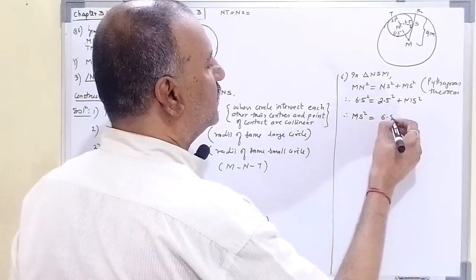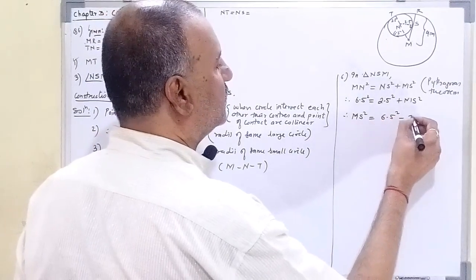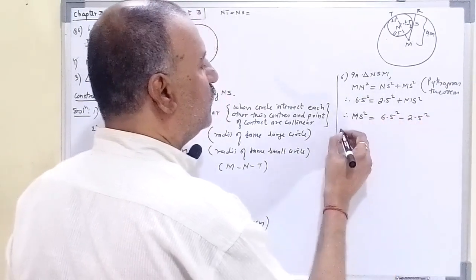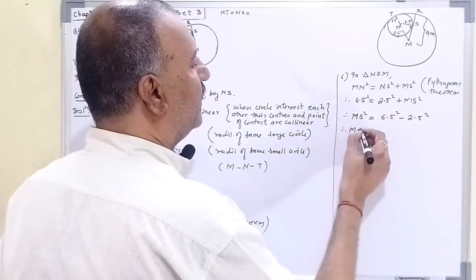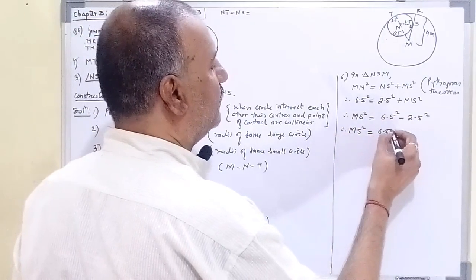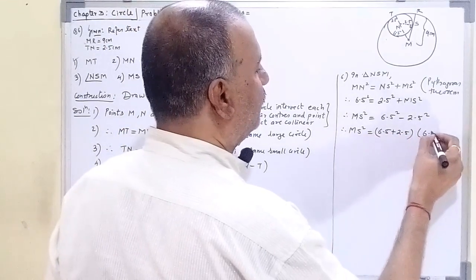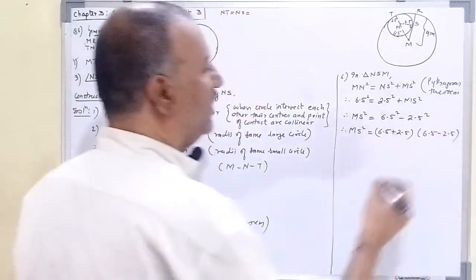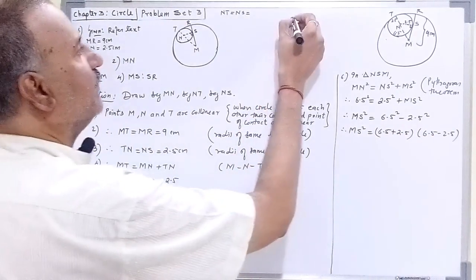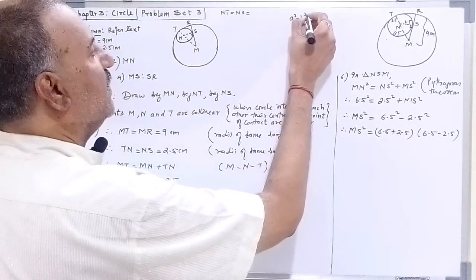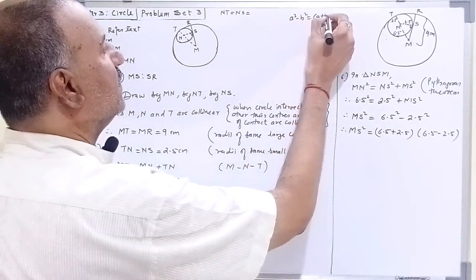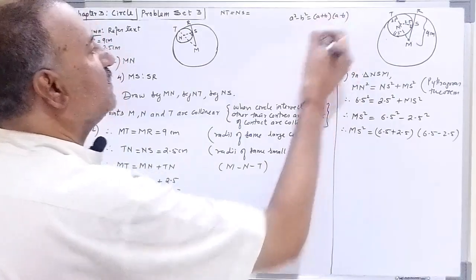Decimal होगा तो 6.5 the whole square minus 2.5 the whole square. Formula का इस्तेमाल करो. MS square is equal to 6.5 plus 2.5 into 6.5 minus 2.5. ये फॉर्मूला आइडेंटिटीज का, a square minus b square is a plus b into a minus b.